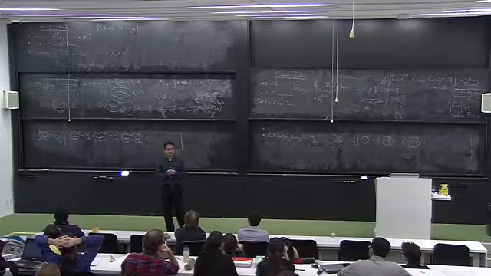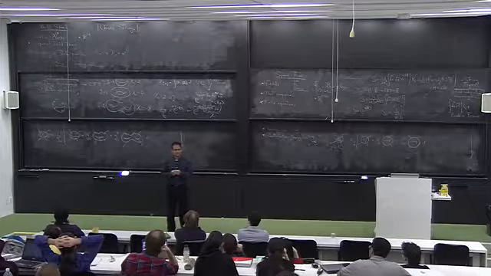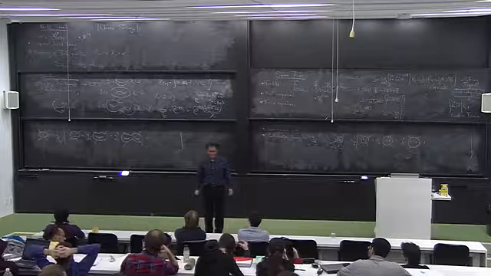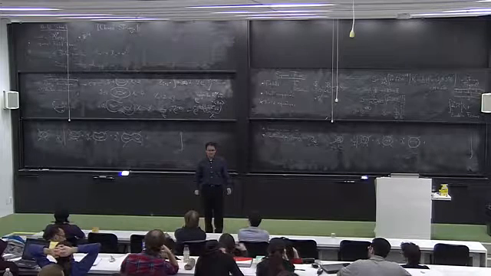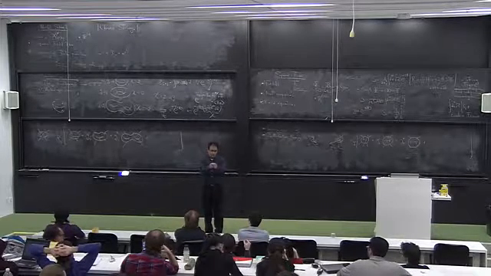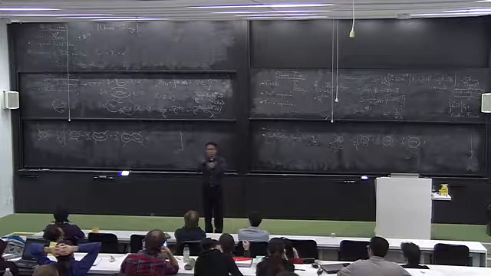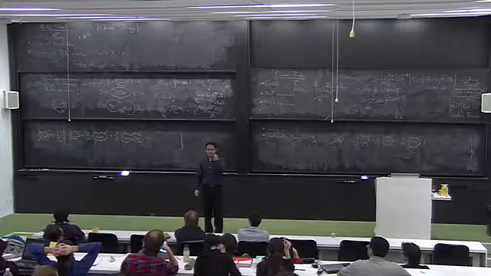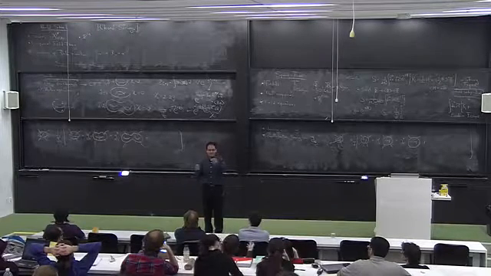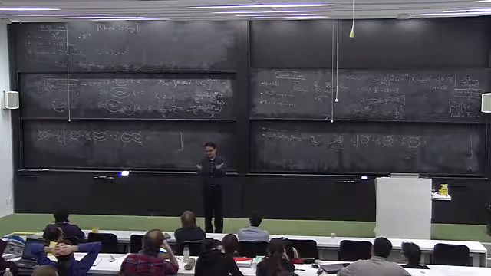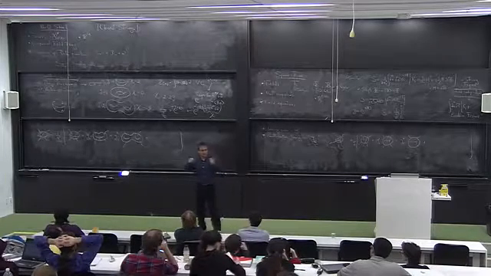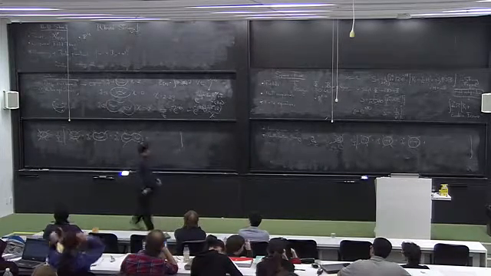If the tension is big, then it's very, very hard to pull it, right? So it would look like a point. It has so much tension that it's very, very hard to stretch it.